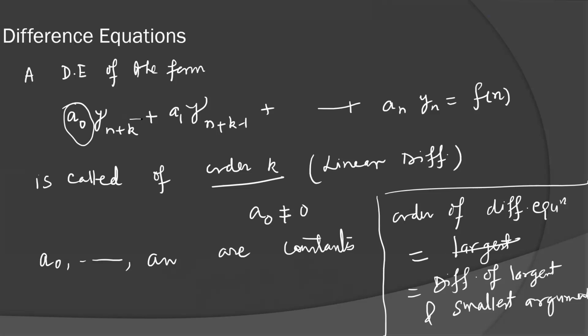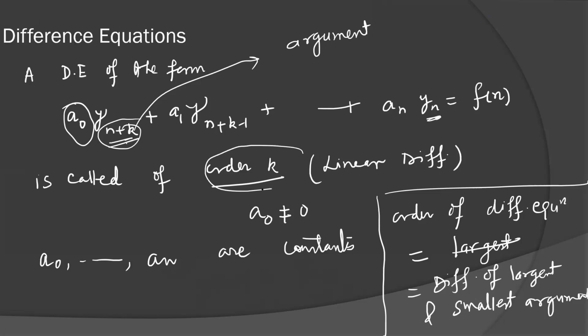This value is actually called the argument. As I told you, k is a positive value, so k is 0, 1, 2, 3. So this will be the largest, this will be the smallest. If you subtract n from the largest, n plus k, you will get k. So it is a difference equation of order k.